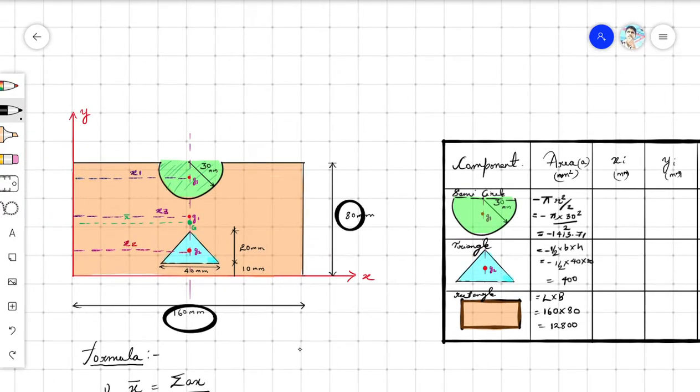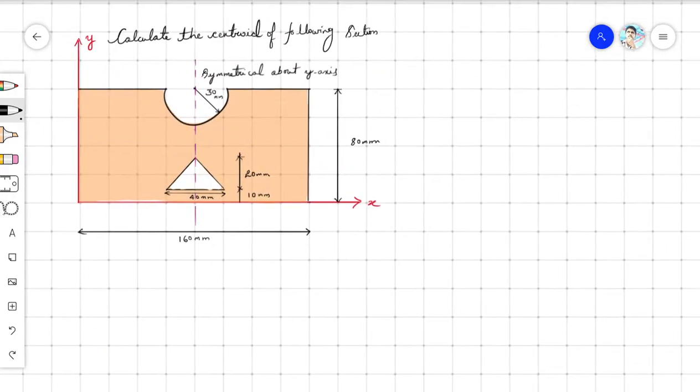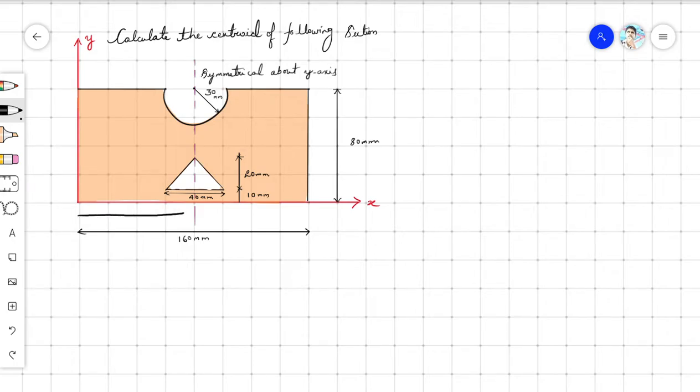If you see this diagram, they have given one thing, symmetrical about the y-axis. So this line is parallel to the y-axis here, and this diagram looks very much symmetrical. If it is symmetrical, what is this distance?